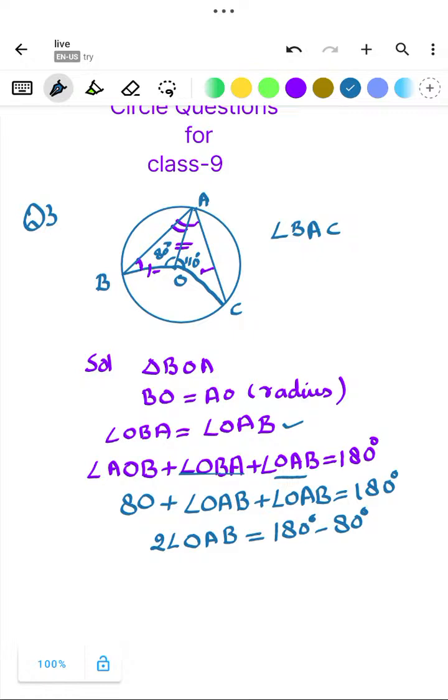This will give twice of angle OAB is equal to 100 degree, or angle OAB is equal to 50 degree, right? So this angle, this part, we have calculated 50 degree, which is OAB.